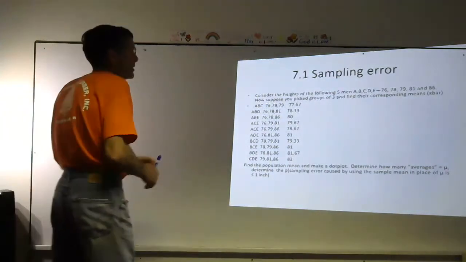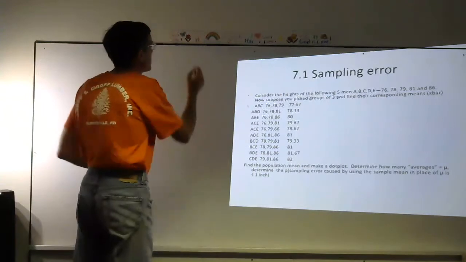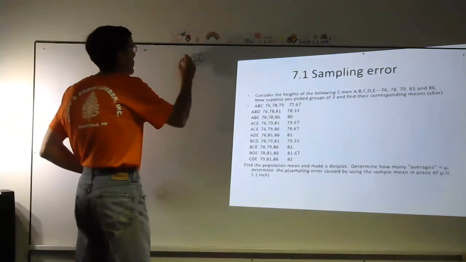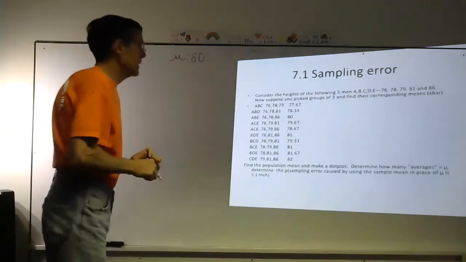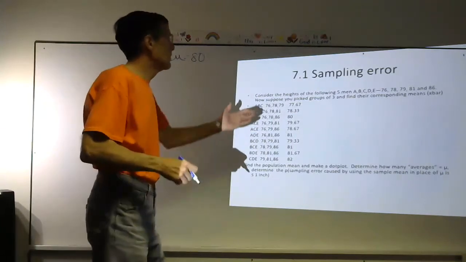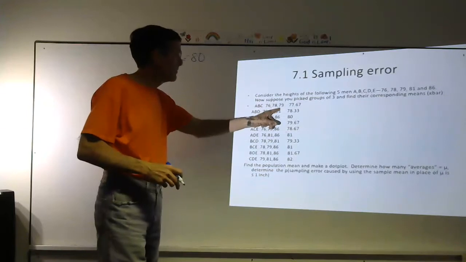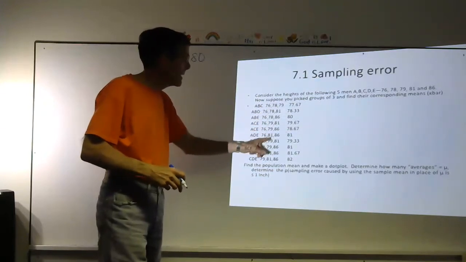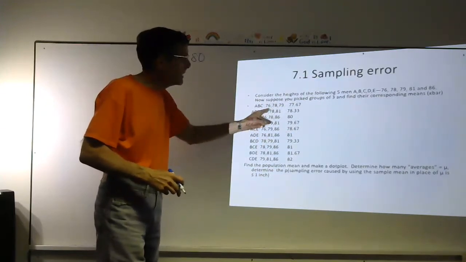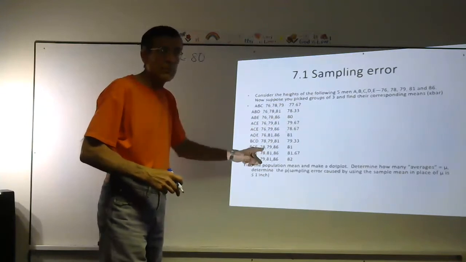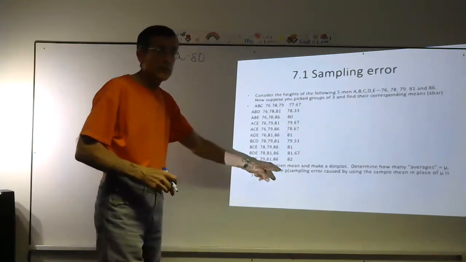The population mean for their heights is 80. So mu is equal to 80. Okay, now I've taken all samples of size 3, 3 men, and I found the mean of each sample of size 3.